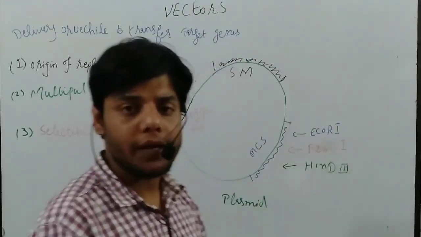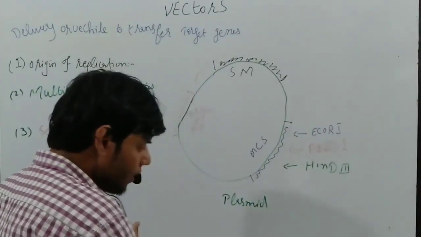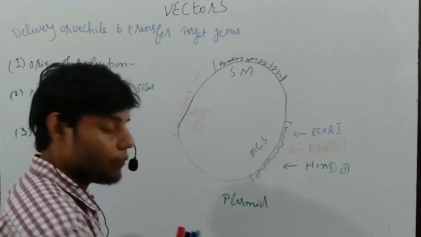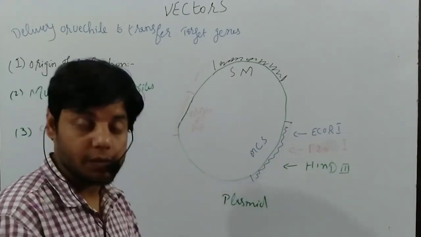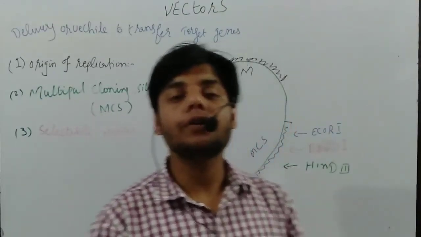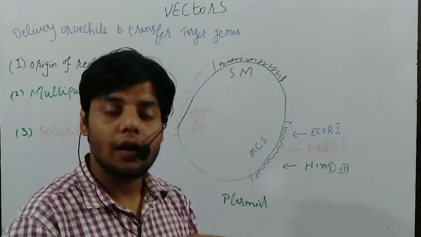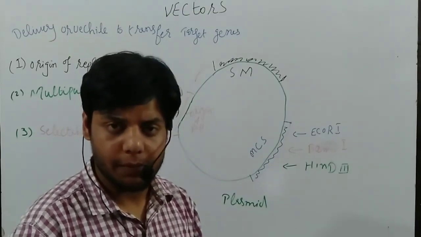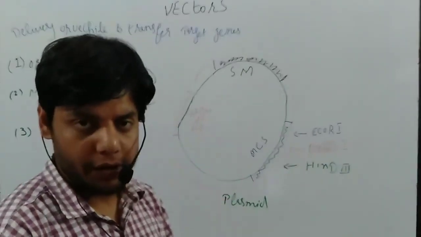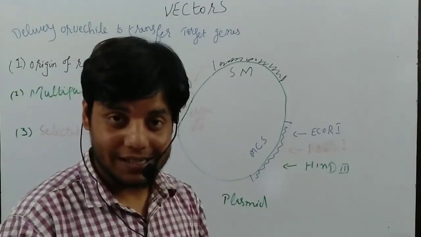Now how can we identify that? For the identification of our gene of interest, we should make petri plates with ampicillin antibiotic agar, where the antibiotic is used as a selectable marker.